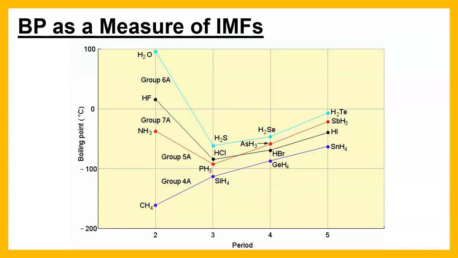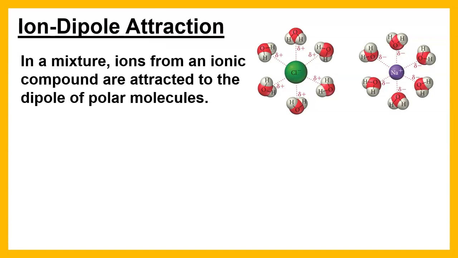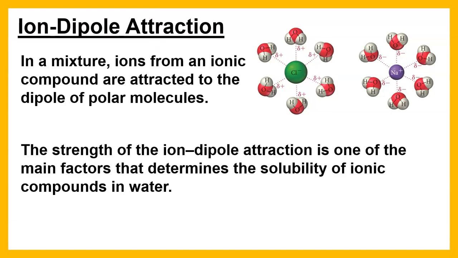Now let's talk about some of the new IMFs that you probably haven't learned in Honors Chem. Ion-dipole attractions is when you have an ion interacting with something that has a dipole. This is why we can have things be soluble.